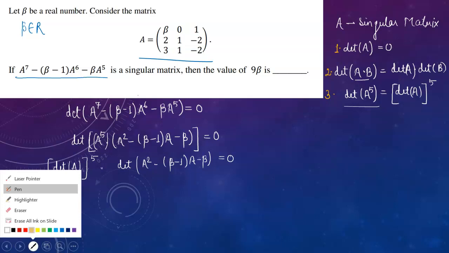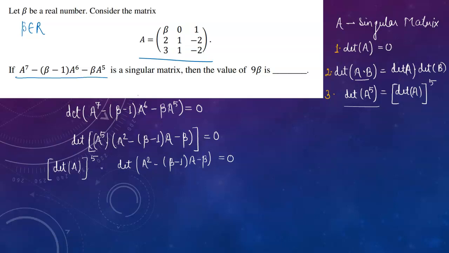So there may be these types of possibilities: this term may be equal to 0 and this term may not be equal to 0, this term may be equal to 0 and this term may not be equal to 0, or both terms can be 0.